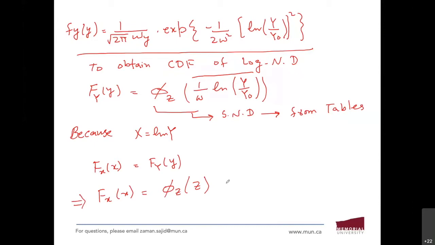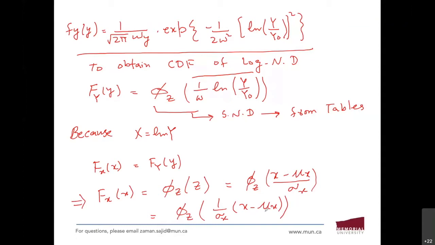If you remember, this was phi of z of x minus mu of x over sigma of x. Or I write it down as phi of z into 1 over sigma x of x minus mu of x.